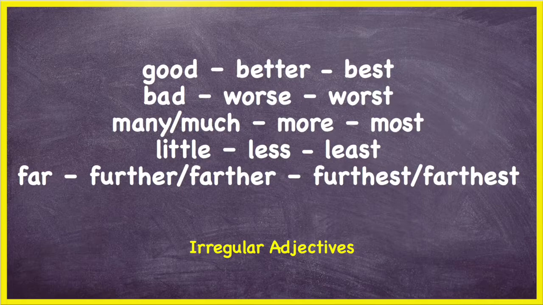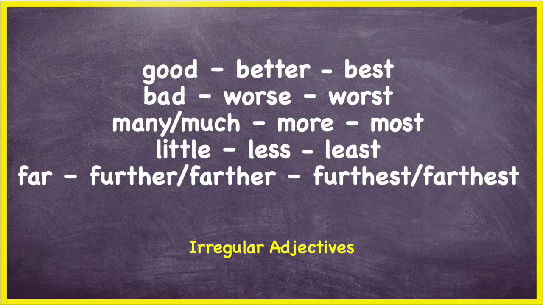So these are adjectives which do not follow these rules. For example, the word good. You do not say gooder, you do not say more good, you do not say the goodest or the goodiest or whatever. You say good, better, best, or the best, right? Good, better, the best.